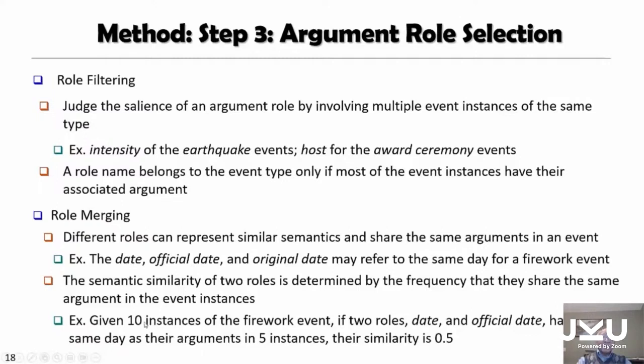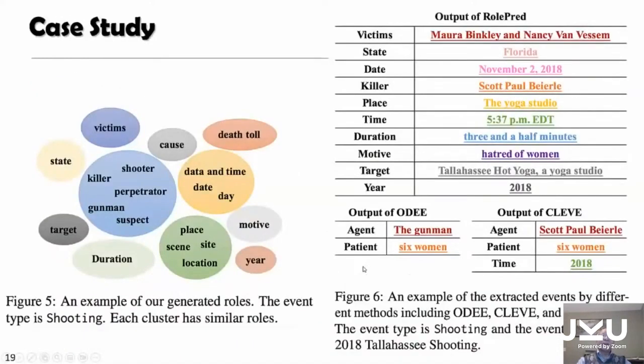So we basically say if you have multiple instances of the firework event, and you find the two roles, date and official date, have the same day as the argument in multiple instances, their similarity is high, they can be merged.